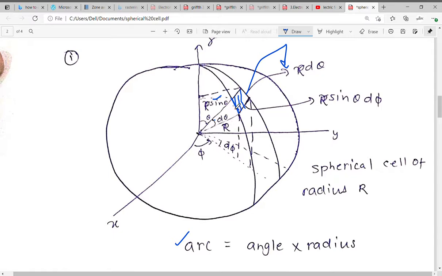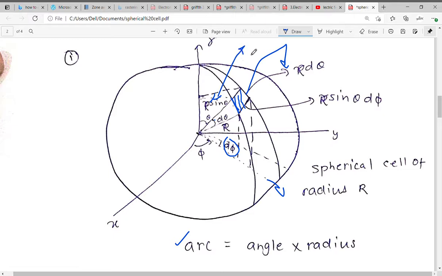If we project on this axis, phi is the angle between the x-axis and the perpendicular dropped on that axis, and d phi is some displacement, so we can say this is d phi.